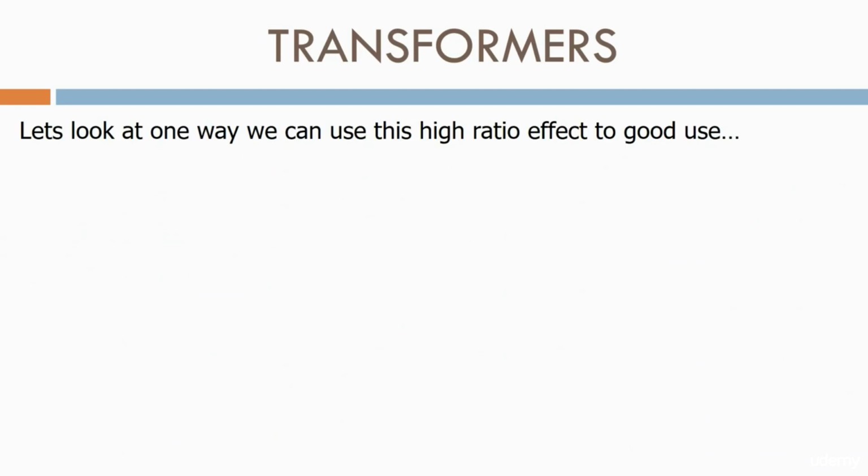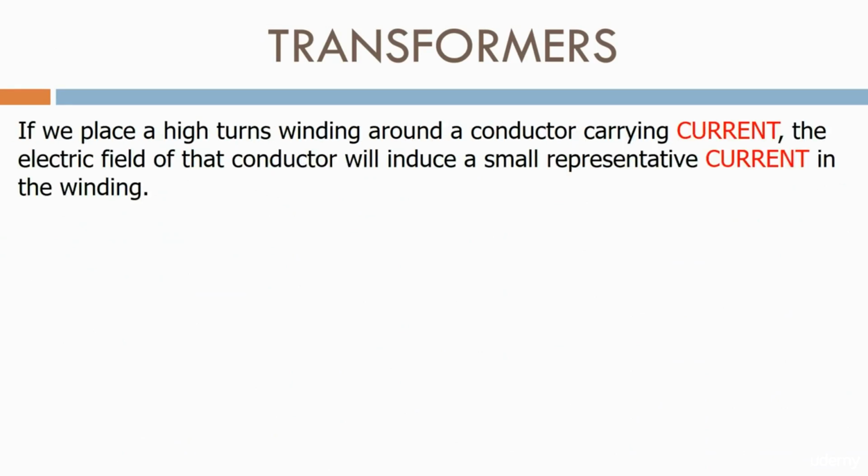Let's look at one way we can use this high ratio effect to good use. If we place a high turns winding around a conductor carrying current, the electric field of that conductor would induce a small representative current in the winding.